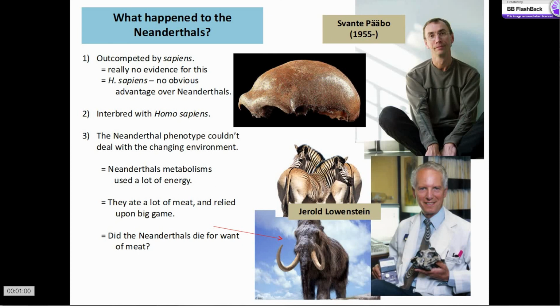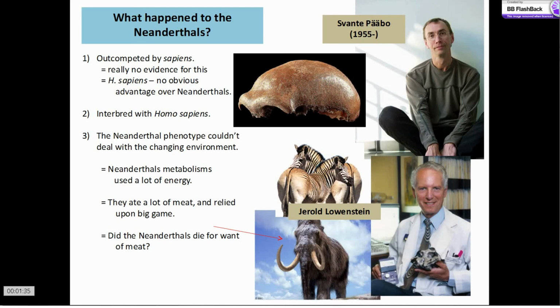Now, they definitely did interbreed with humans. People like Gerald Lowenstein here, who's actually the husband of Adrian Zillman, who wrote your coloring book, have managed to discover techniques to extract DNA from fossil materials. So this was science fiction, even in the 90s. You know Jurassic Park, right? Extracting dinosaur DNA. Well, we can't extract dinosaur DNA yet, but Gerald Lowenstein and his colleagues have figured out how to extract DNA from Neanderthals.